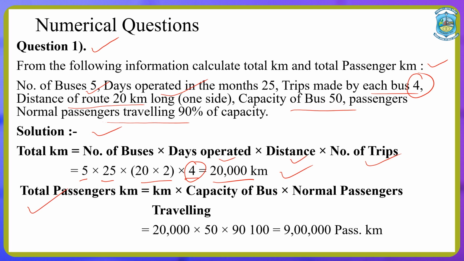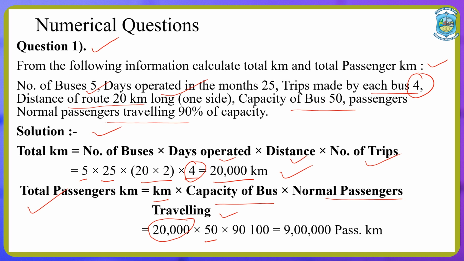The formula is distance in kilometers, which we have already calculated, multiplied by capacity of bus and normal passenger travelling. So the distance covered by the vehicle is 20,000 kilometers, multiplied by 50, which is the capacity of bus, and the 90% of capacity they are using.